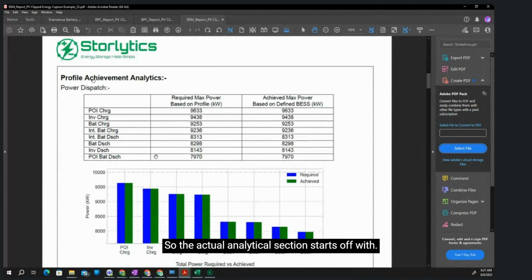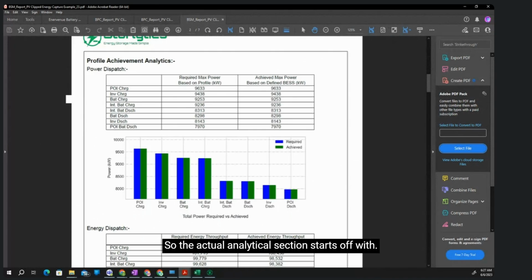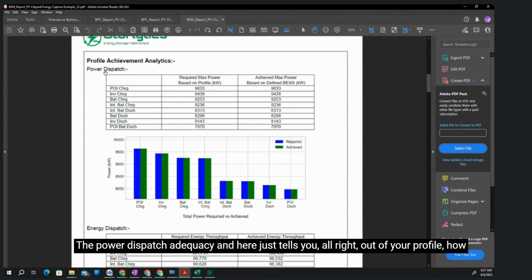The actual analytical section starts with the power dispatch adequacy. Here it tells you how adequate this battery system was in meeting the required power at different points in the project, right?